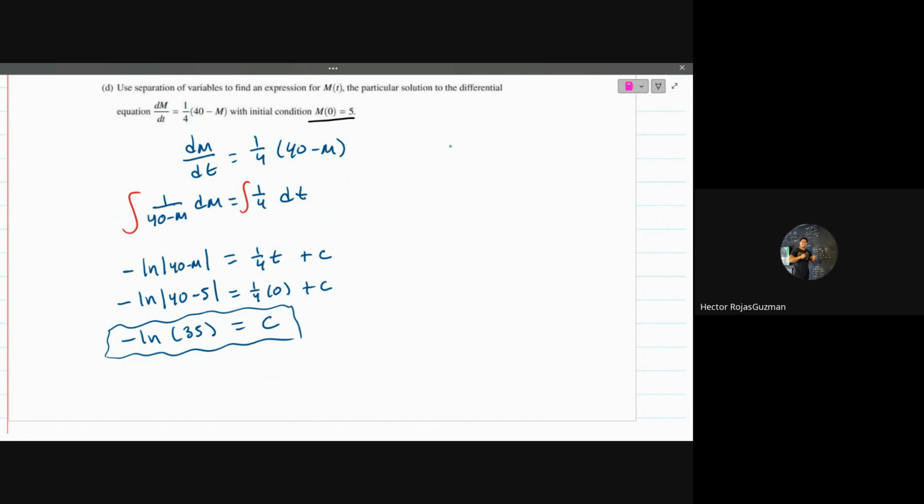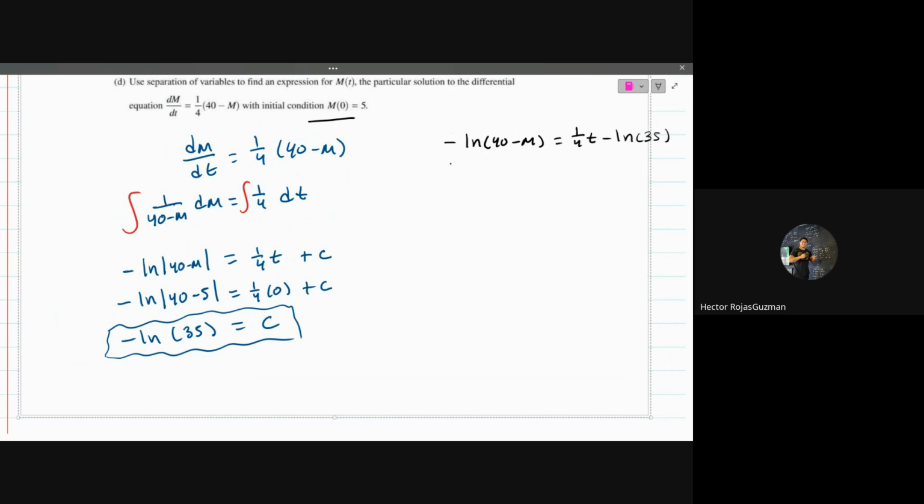So we have negative natural log of 40 minus m equals 1/4 t minus the natural log of 35. All right, so now solve for m.